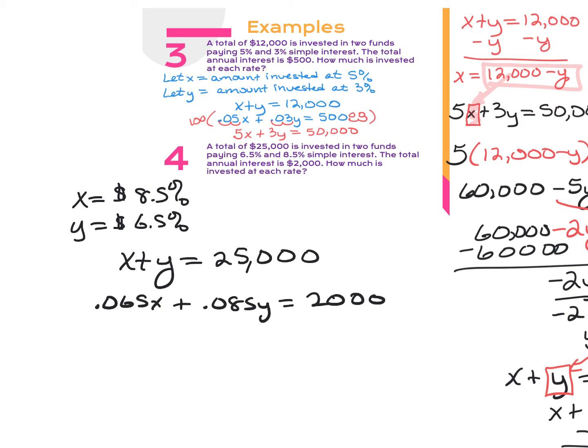So here, this time instead of moving it twice, I need to move it 1, 2, 3 times, so it becomes 65x. If I move it 3 times there, I have to move it 3 times over here as well. So we'd add 3 zeros. So this is essentially multiplying it by 1,000. Then it becomes 85y.